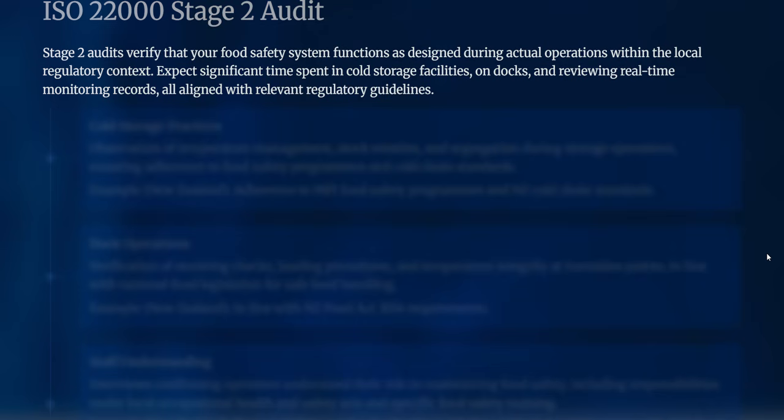And they will spend more time here. They will look at the docks, the receiving, the dispatching, the monitoring, all your interfaces and activities, spending time there to confirm that you comply with the regulatory and with the standards.